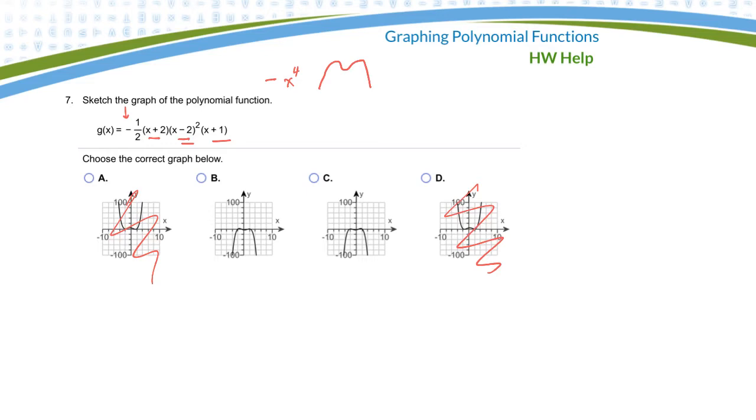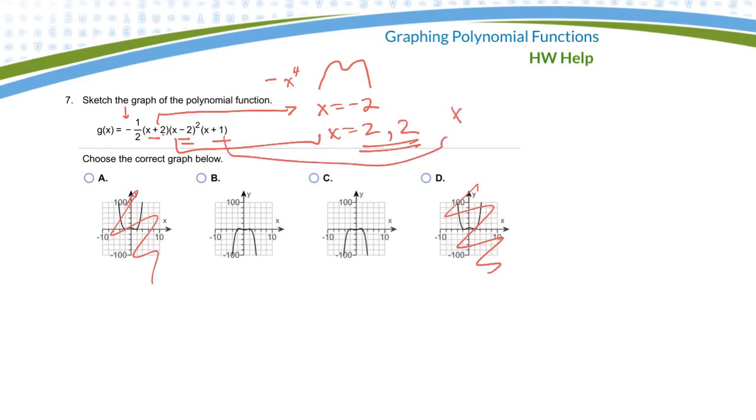And the thing that you'd want to zoom in on, and I can't really tell from here, is the zeros. So the zero from that one would be -2. From this one would be 2, and there's 2 of them, multiplicity of 2, so there has to be some bouncing there. And then this one would be x equals minus 1. So I need to cross at minus 2.